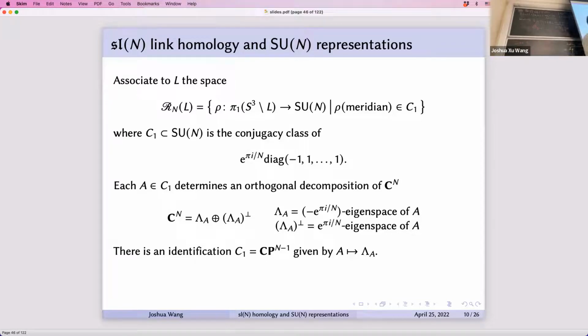Well, some people might take a different viewpoint. You could choose different conditions on where your meridians should go. And if you choose different places for the meridians to go, you get different spaces, and there should be interesting gauge theory for those different choices. But it's this choice that will be related to SL_N homology.